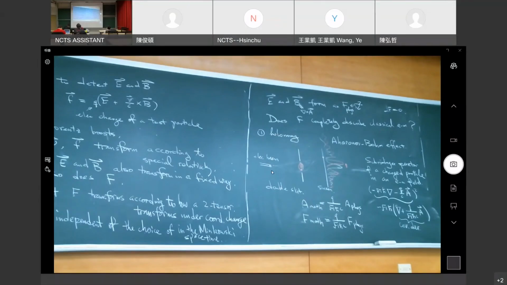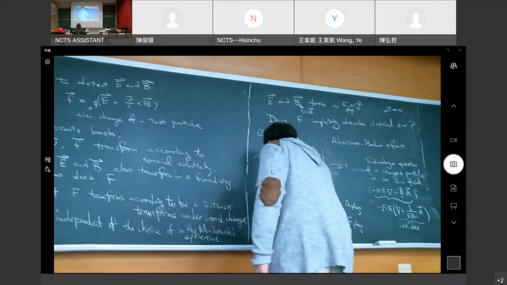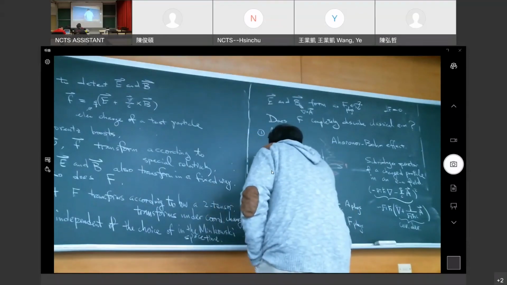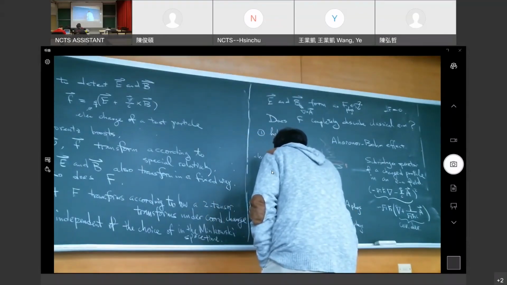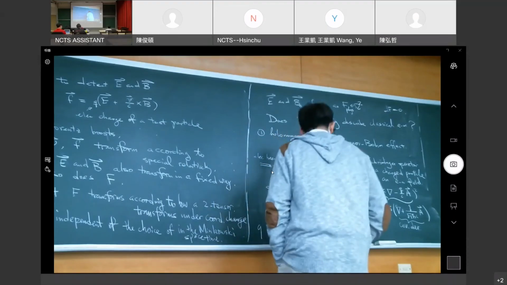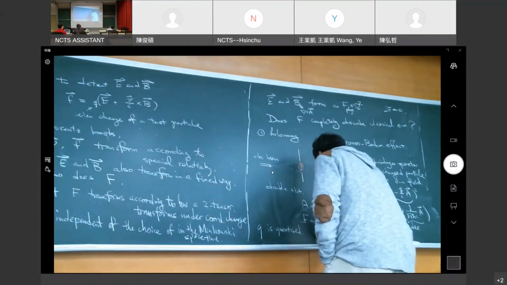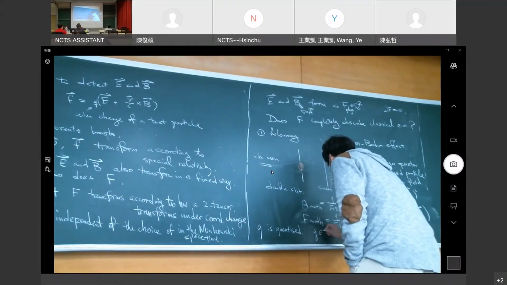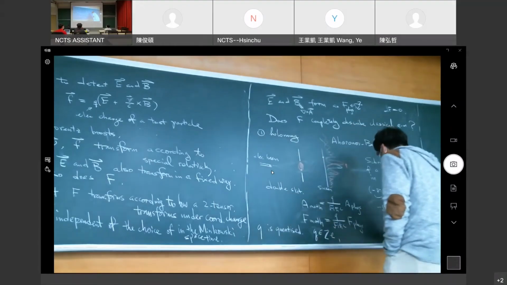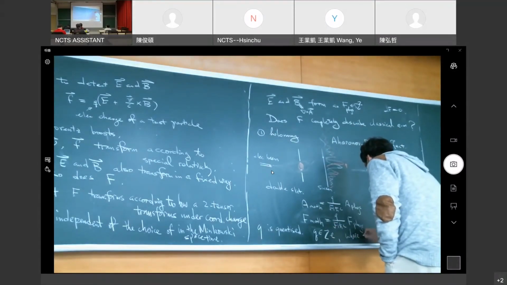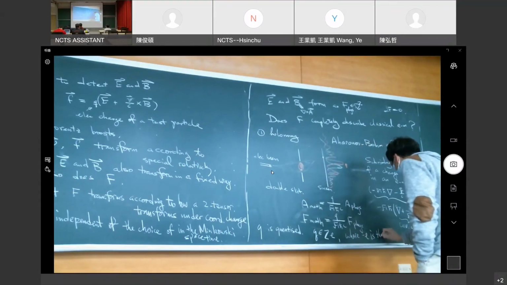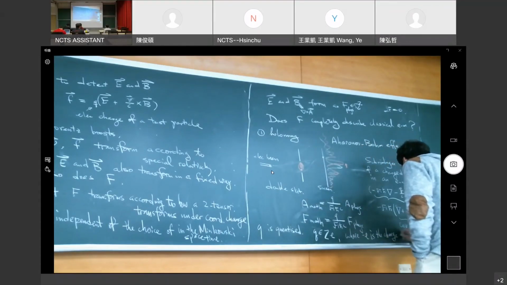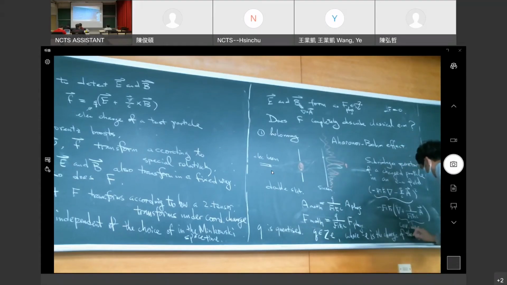And usually, as an experimental fact, Q, the electric charge, is also quantized, and so this Q is actually an integer multiple of e, where minus e is the charge of the electron.